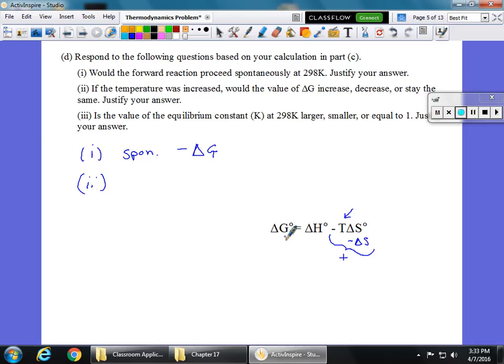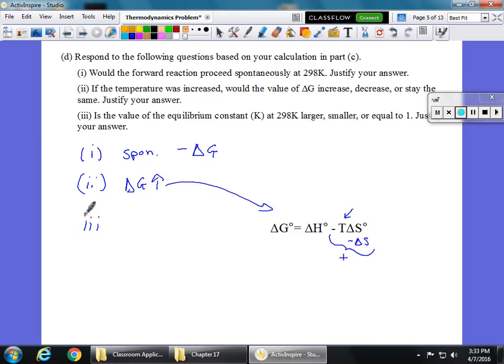It's going to become more positive. So delta G is going to go up, and you want a justification that goes along with this equation. You have to state something about the T delta S part of that equation to answer this question.